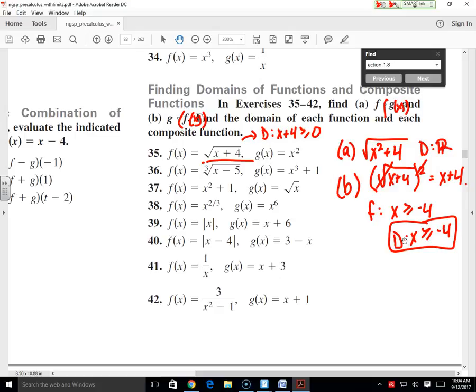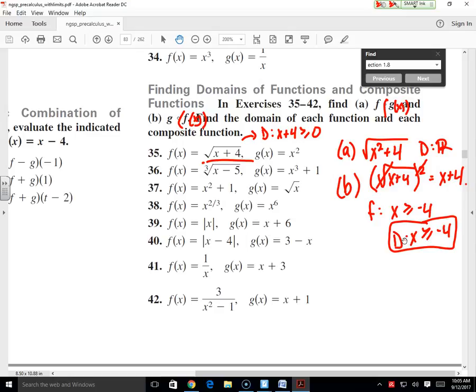So when you're doing compositions and doing domains, I think I even said this yesterday, I was like, oh, these are nice ones. It's not even going to be a problem. 35 was not a nice one. It was okay in the first one because G had no problems. He got plugged into F, and once I plugged that in, actually F didn't have any problems either. So that's why I had all real numbers. But for G of F, F had problems to start with.